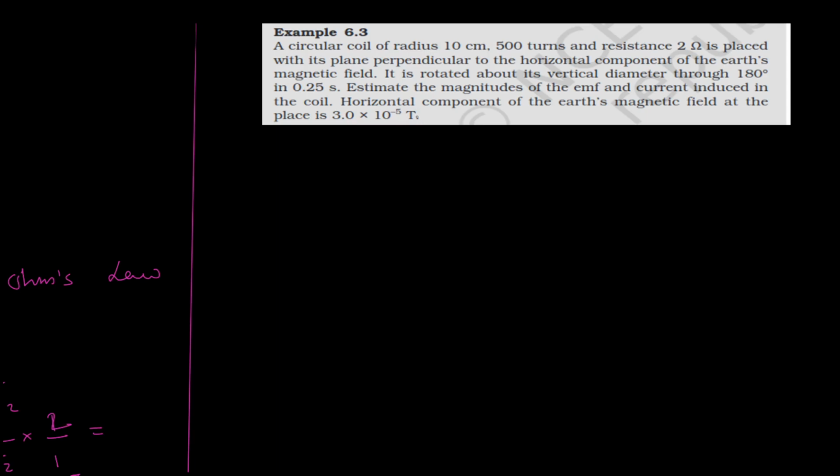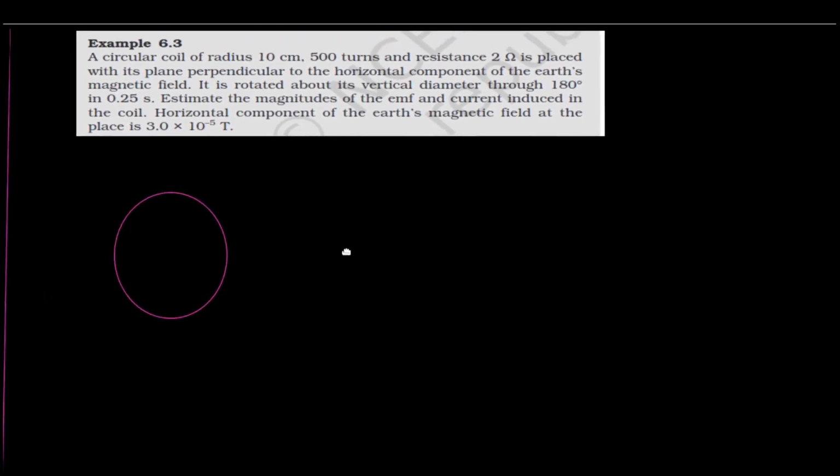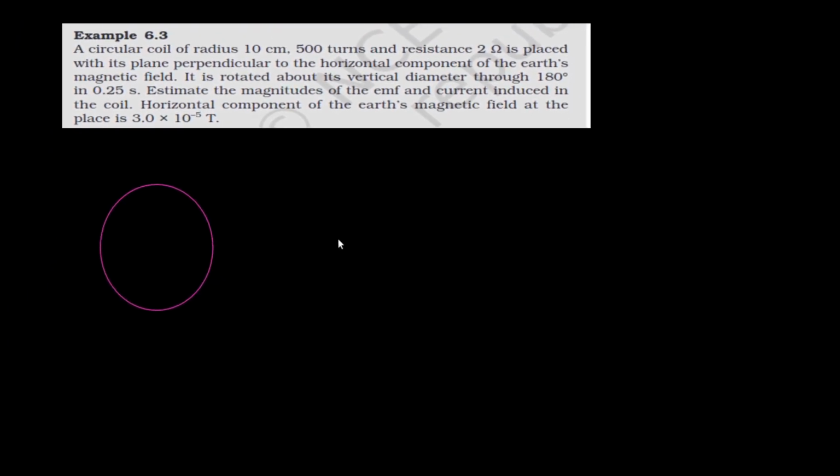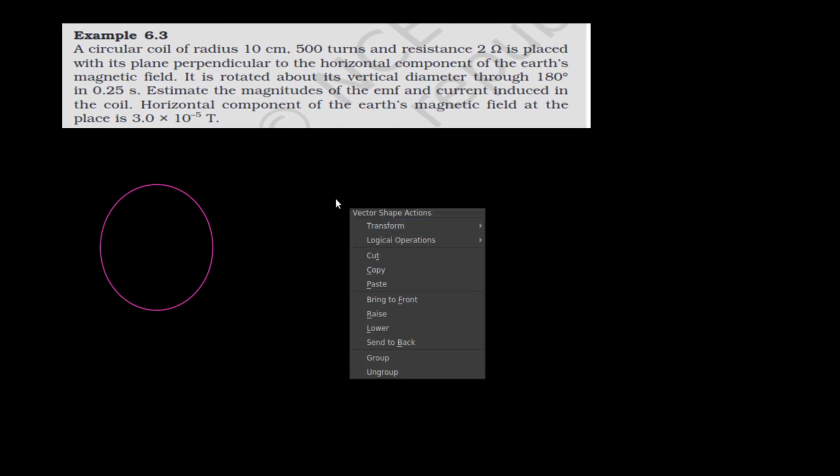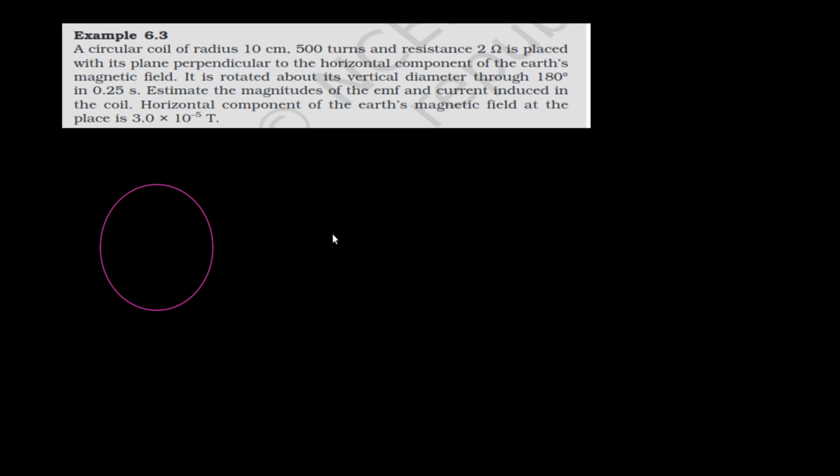All right. Let's try this question. To begin with, you have a circular coil whose radius and all that we'll mention in a minute. So we have this circular coil whose radius is 10 centimeter. Actually it's a loop, so it's a circular loop.